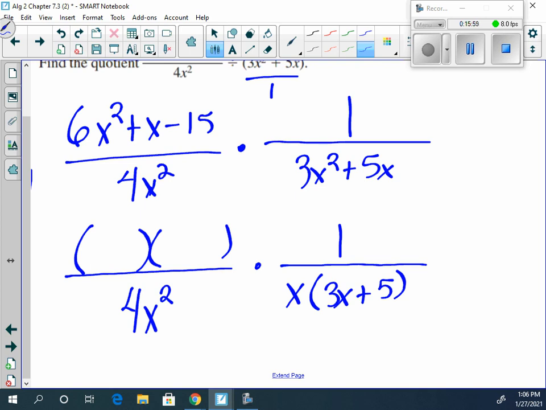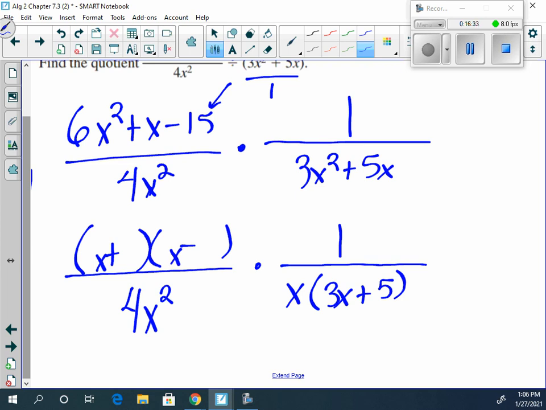Now we need to look at 6x squared plus x minus 15. So again, if we want something to simplify out, we need something to match with something on bottom. Now hopefully one of these will factor to 3x plus 5, because if it does, that will make everything a little bit easier. Now because the 15 is negative, the signs are opposite. 6x squared, well, we'll know we'll have x and x.